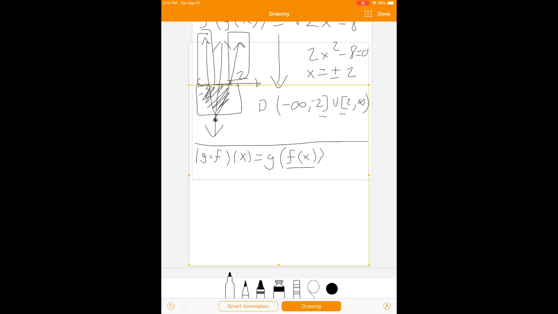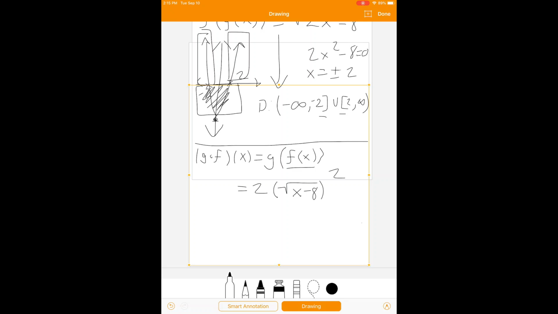Now if you remember, f of x was equal to x minus 8, all under the square root sign. So we can write this as 2 times the square root of x minus 8 squared. So that is our function g of f of x.